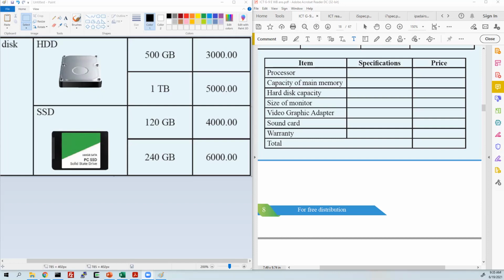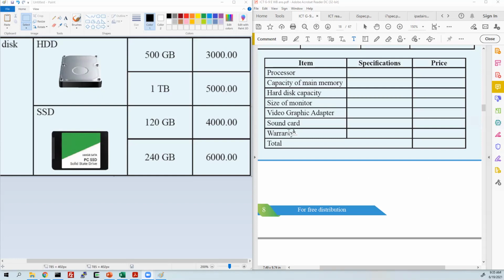If you cannot type, you can tell me the answer. When you type the answer, remember that you have to type both the specification and the price. Right? If you just put a price, I don't know which one you have selected.